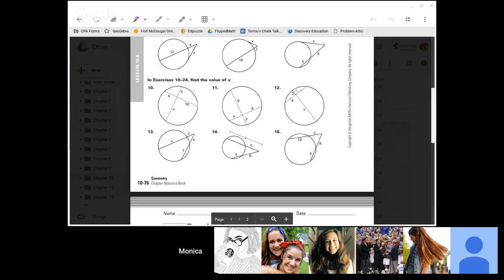Not 10x because you're adding those parts together. So look, on that bottom secant, your outside part is 8 and your inside part is 8. So that whole length is 16, right?